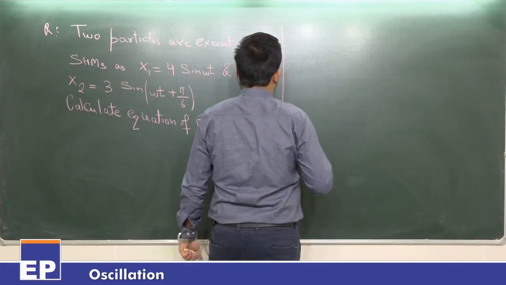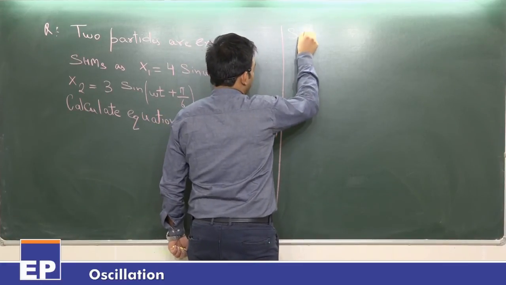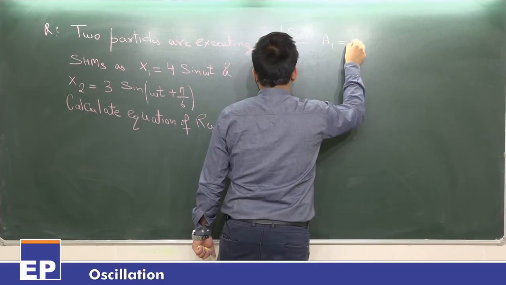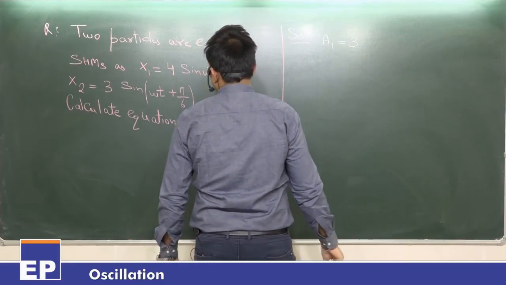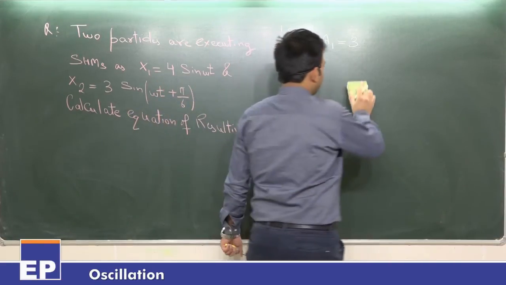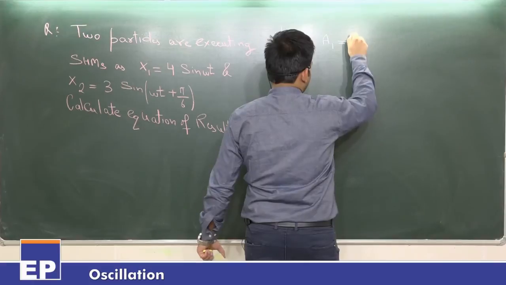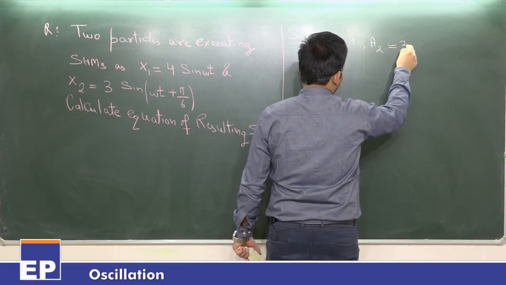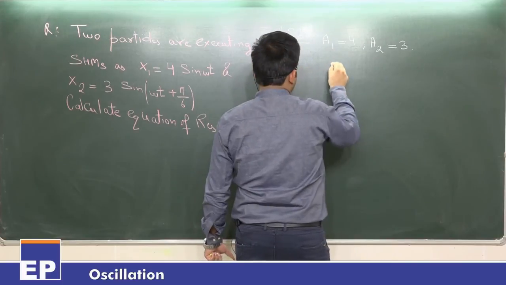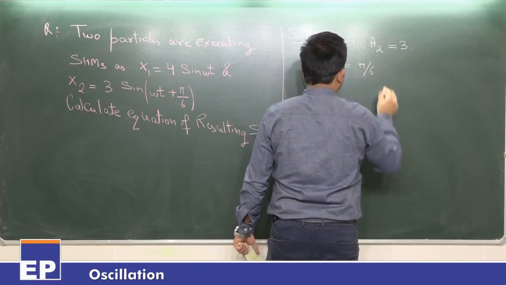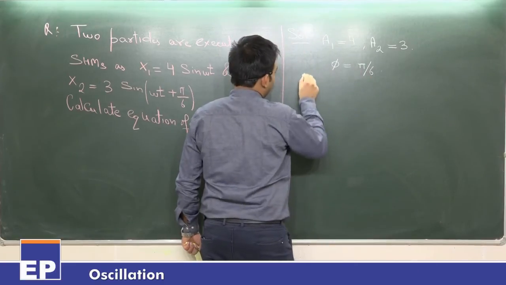As you can see, here A1 is 4, A2 is 3, and the phase difference between them is pi by 6. So you can say what is A net?